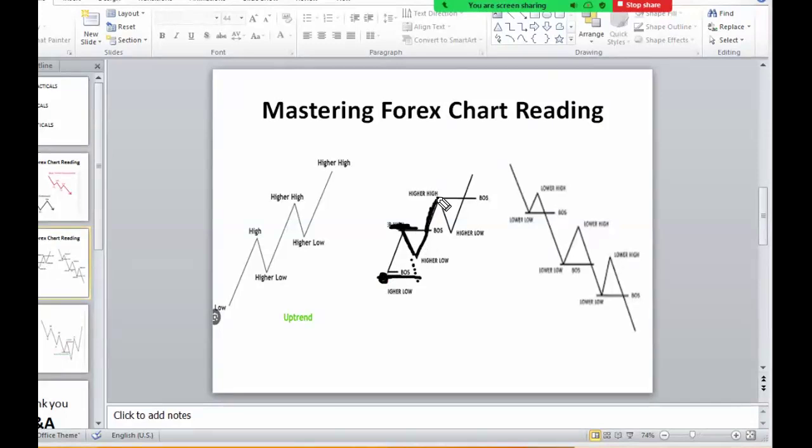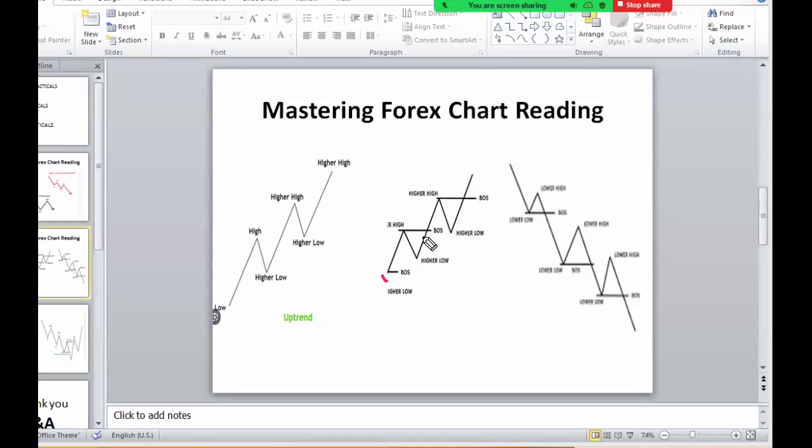Then it continues going till it gets to a certain point, which will now be a higher high compared to the previous high. Now, it then repeats the same process again. It's a repetitive process. It goes from that high, pulls back down again, and then gets to a level.